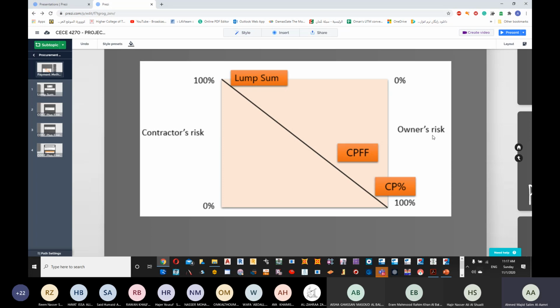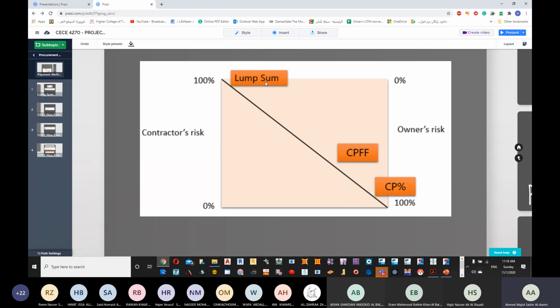Now you see, it says lump sum. Lump sum is almost 100% contractor risk, almost 0% owner risk.